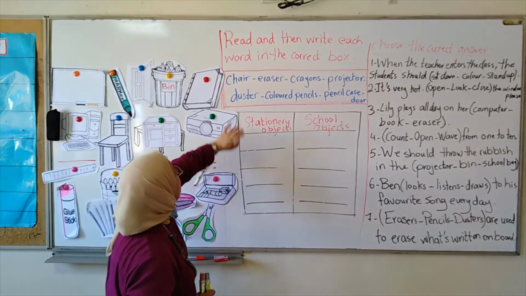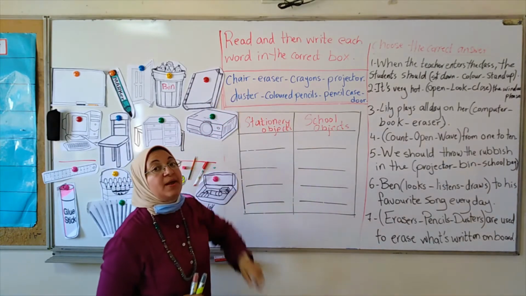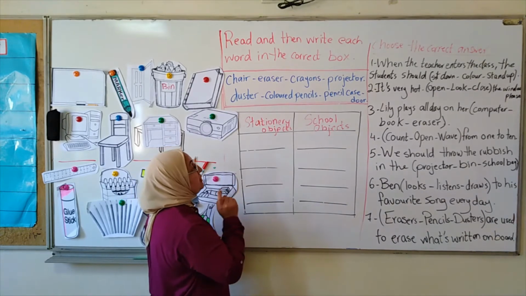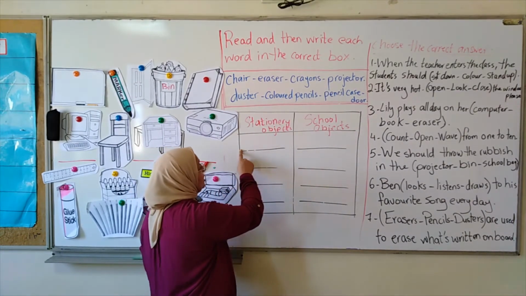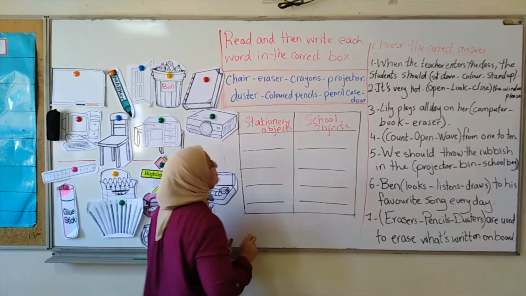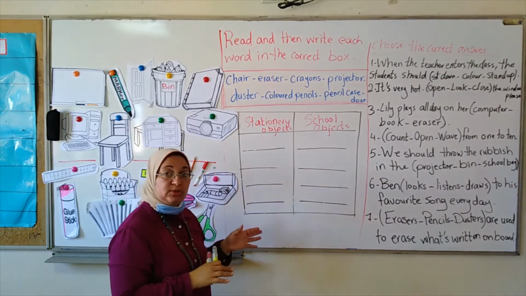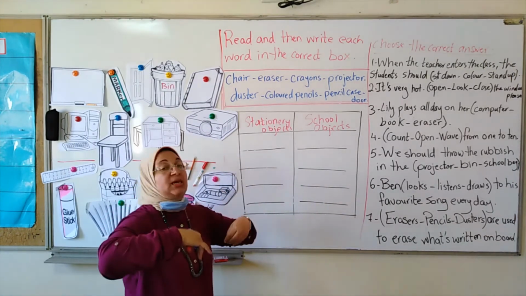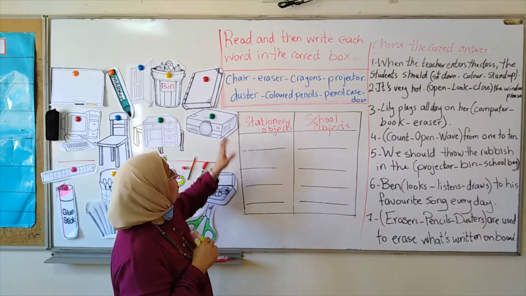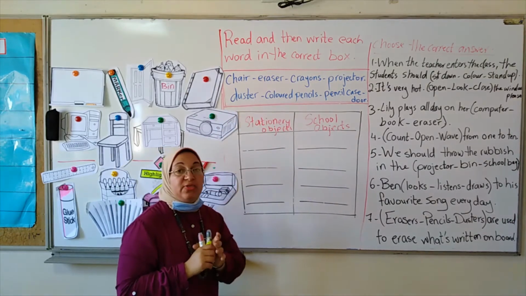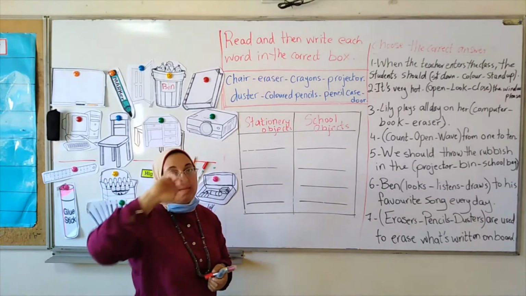Let's see together. The first word is chair. I'm going to write the word chair. Can I put it in the stationary objects or school objects? We said before, the stationary objects are the pencil case and everything I can put inside my pencil case. The school objects are the things that I can use inside my class, but I don't take them home with me.